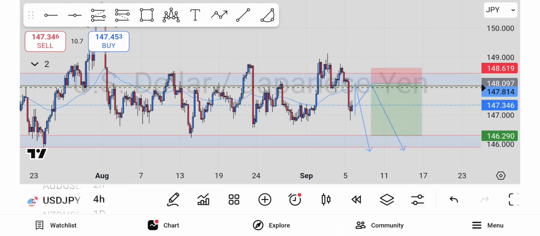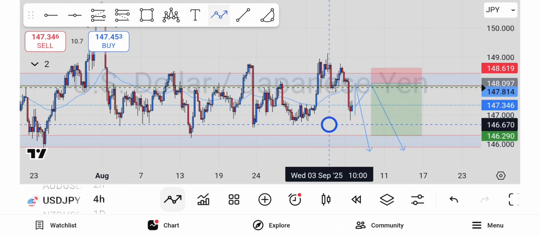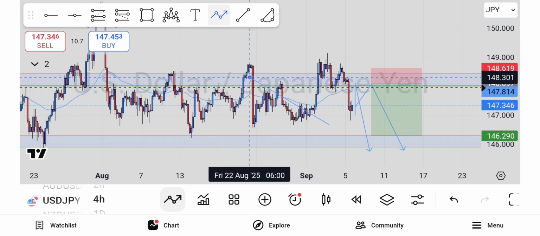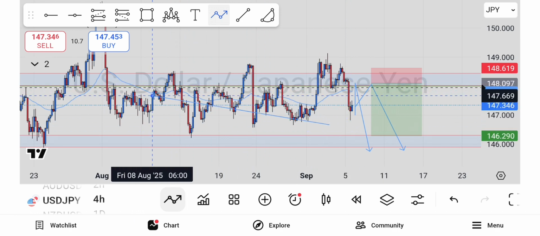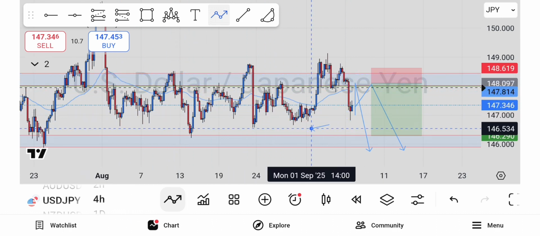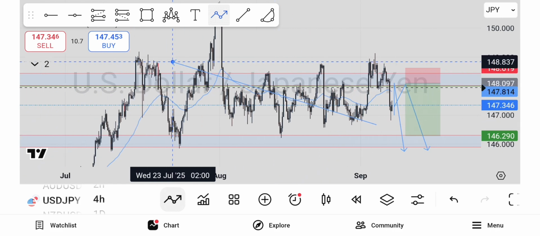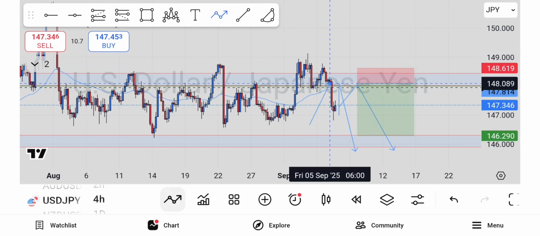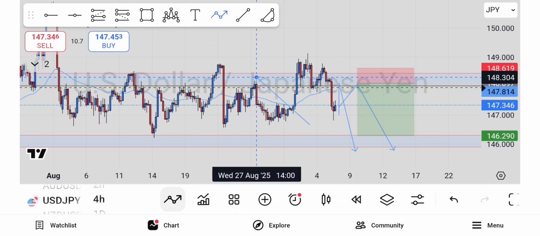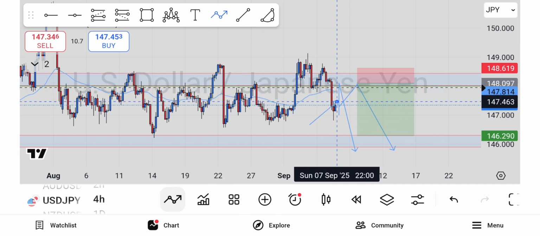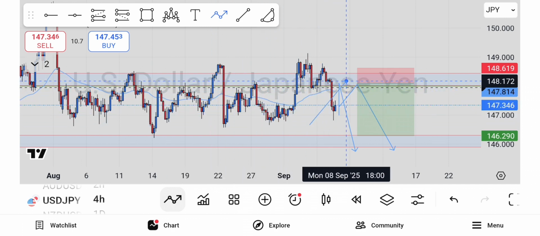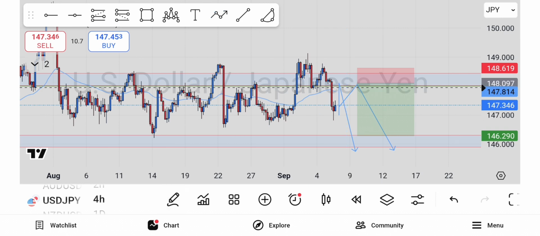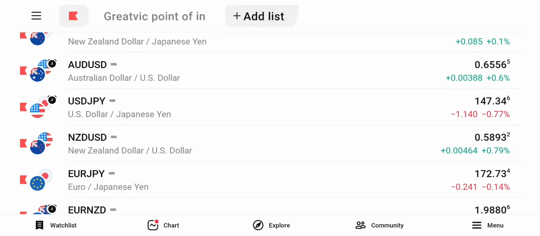Remember, when we are below this point, we sell. When we are above, we buy. So for now, we are below the resistance, so we're expecting a retracement, then we sell. So that is it for USD JPY.